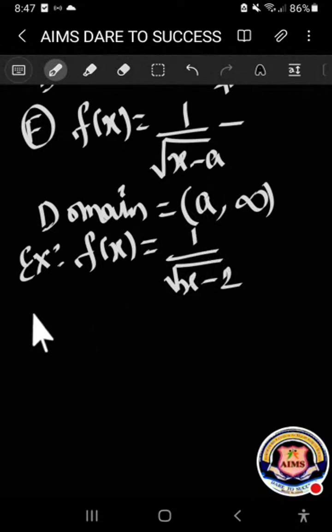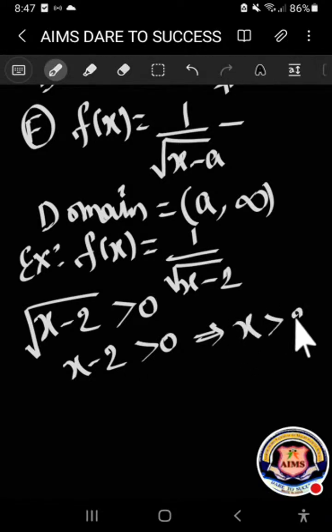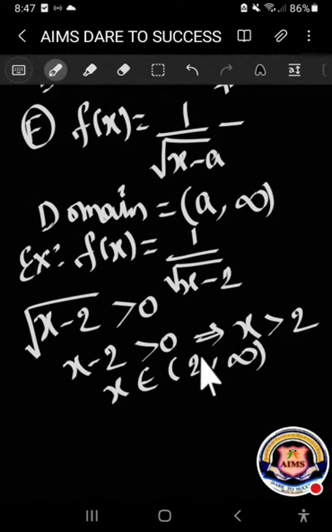So the denominator value, under root of x minus 2, is greater than 0 concept. Squaring on both sides, we get x minus 2 greater than 0. Minus 2 is coming to the right side, that is x is greater than 2. That's why x belongs to the open interval 2 comma infinity.